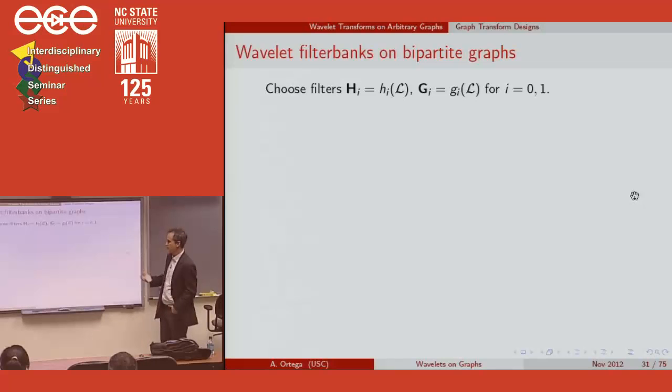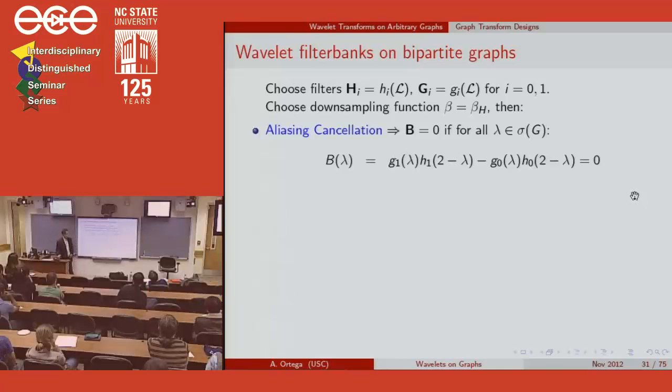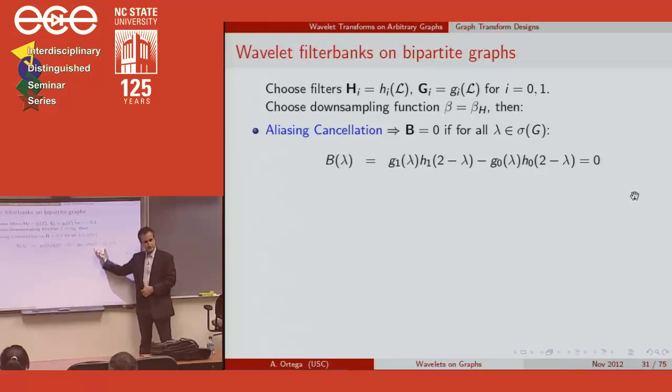Okay, so for the bipartite graph case, we select these filters. There's a downsampling function. Here's the key point. Remember that in the downsampling case, we have this frequency flipping, right? Well, that translates into filtering with a filter that has been frequency flipped as well. So if our original filter was h0 of lambda, h0 of 2 minus lambda is basically the reverse.